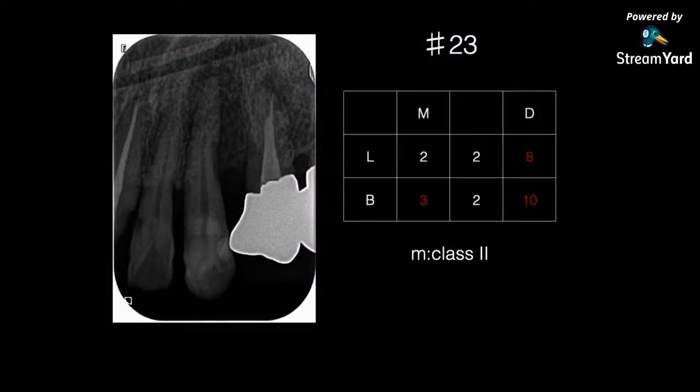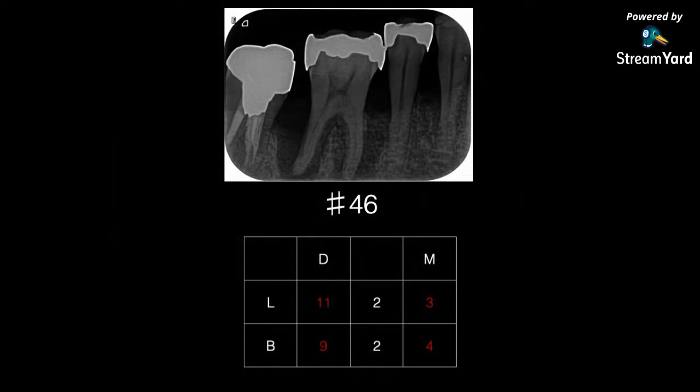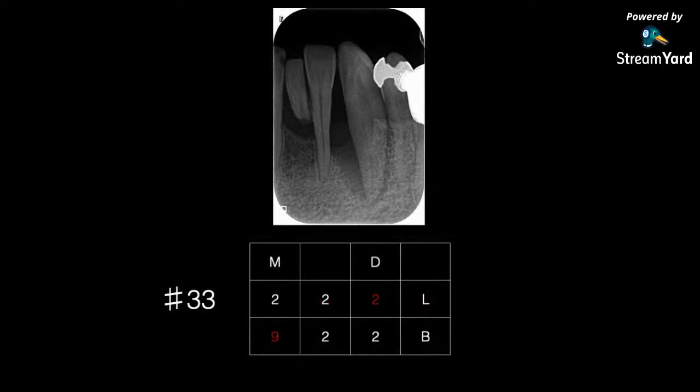And this is X-ray. And about upper left canine, there was 8 to 10 millimeter deep pocket at the distal side, and the mobility was class 2. And about lower right molar, there was a very deep pocket, about 11 millimeters. And the lower left canine, there was a 9 millimeter deep pocket as well.